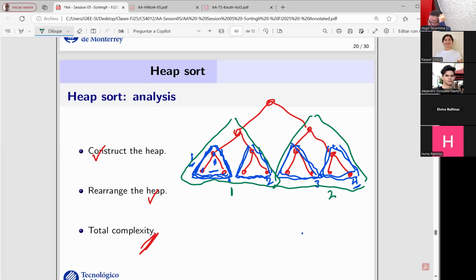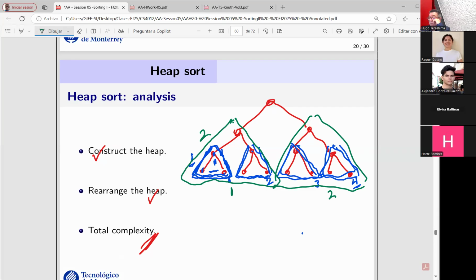What is the height of those trees? 2. 2. Right, I have 2 subtrees. And what is the cost in the worst case to arrange these subtrees? For each one? For each one, yes.